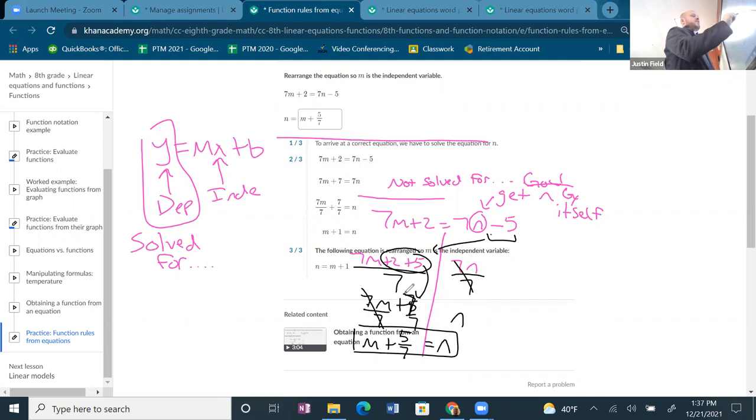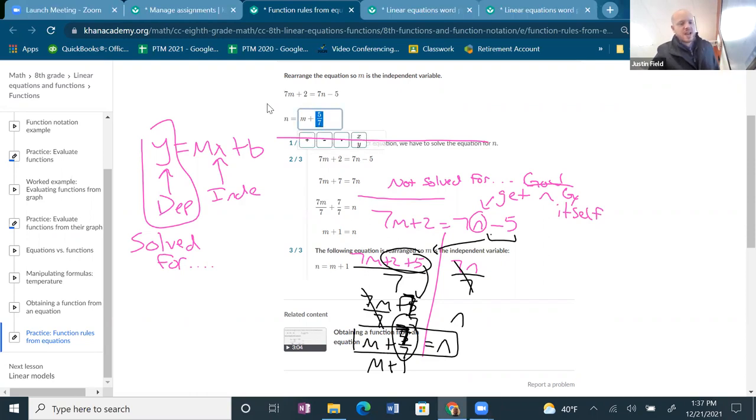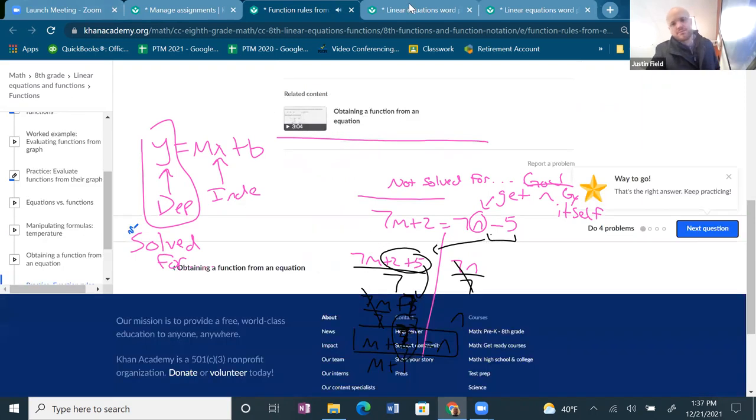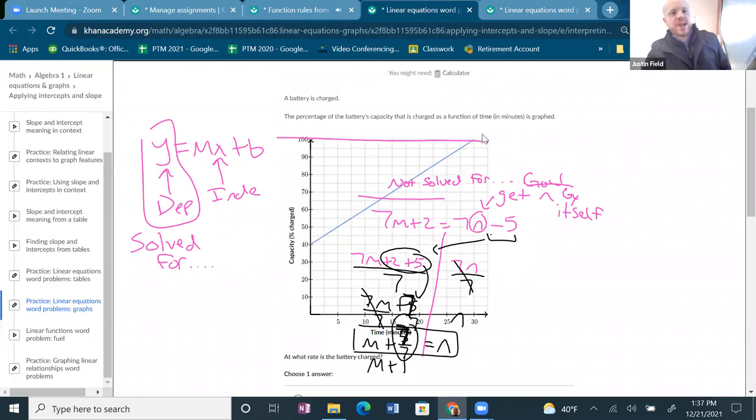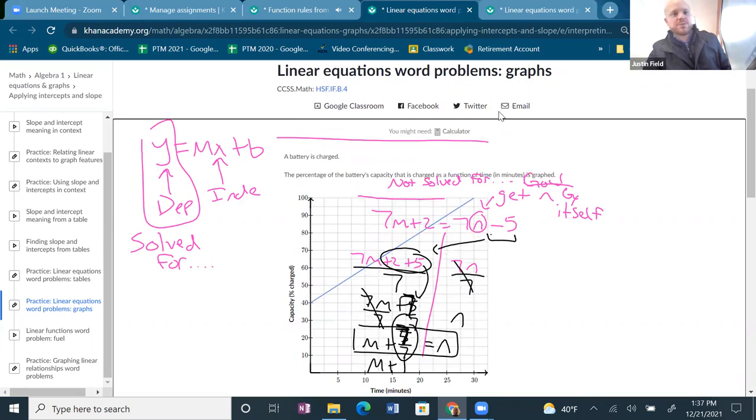I should have put a 7 there. And then 7/7 is 1. All right. Is that a yellow problem? Maybe. All right. Now let's move on to the word problems.